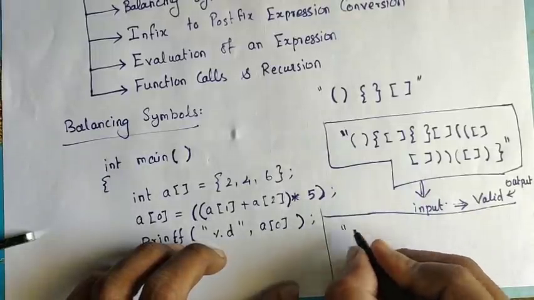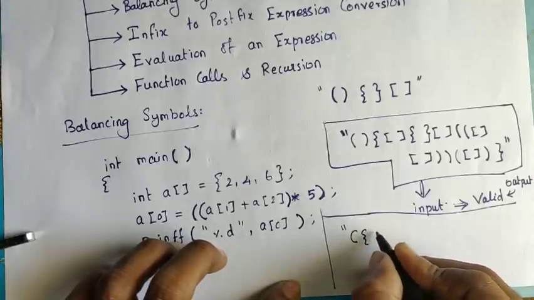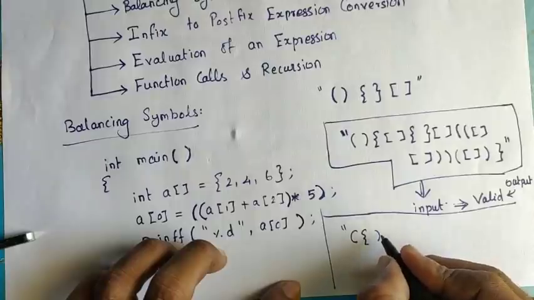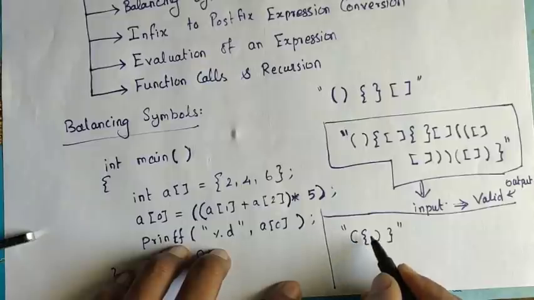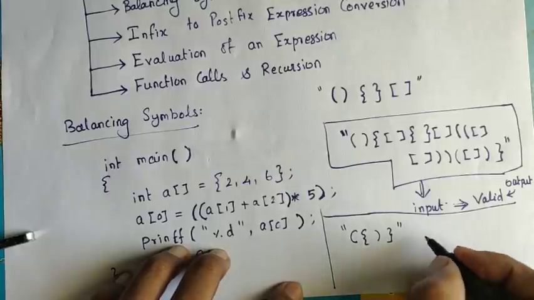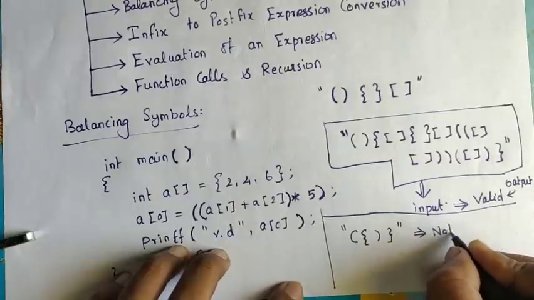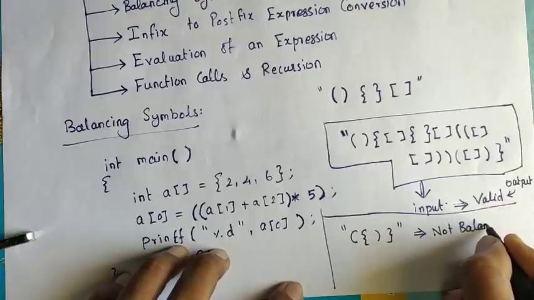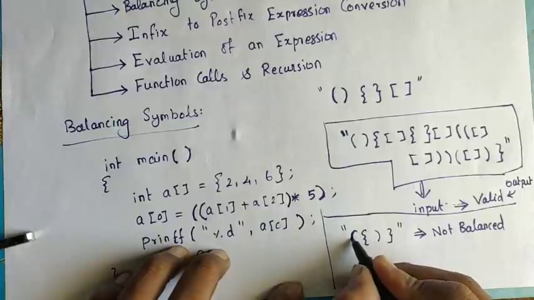Suppose we give an input like this: an open bracket, a close bracket, then a parenthesis, an open bracket, and then a close bracket. It looks like two open brackets and close brackets, and open braces and close braces. But when you look at this one, it is not valid, it is not balanced. For example, here this should have the corresponding close bracket before the next start.